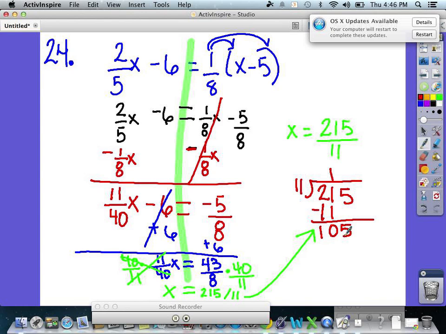Eleven will go into 105 9 times. It's going to leave us with 6 after we do our math here. So now this will be written as 19 and 6 over 11.